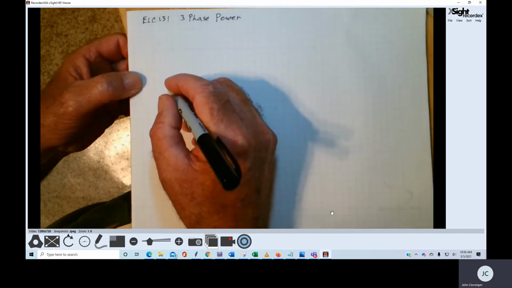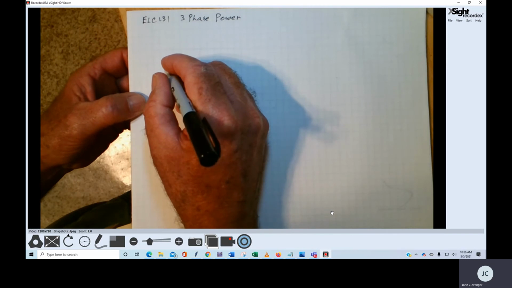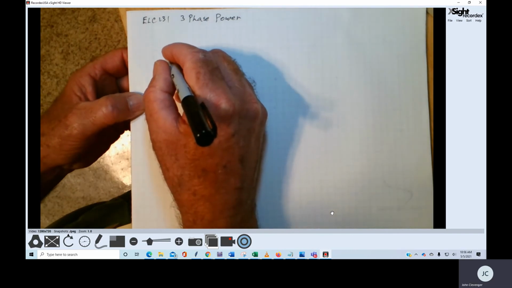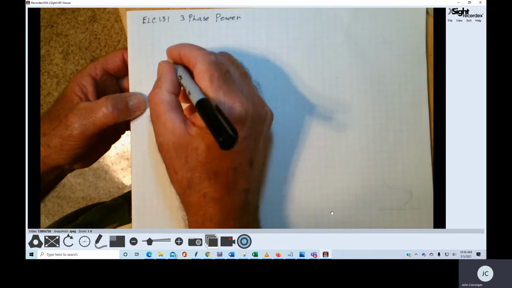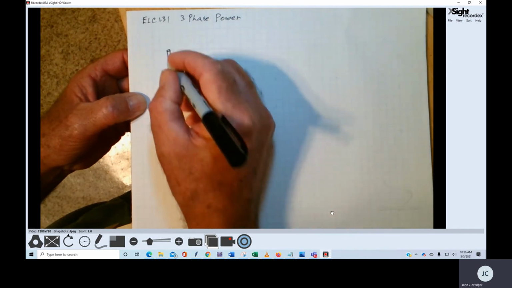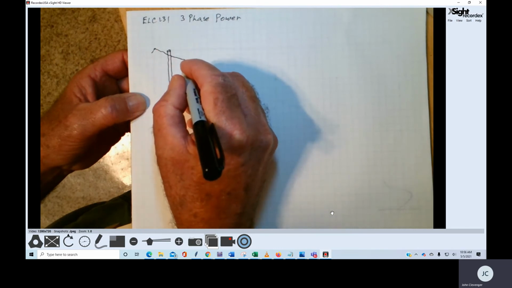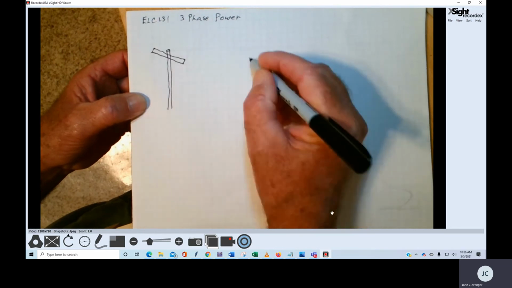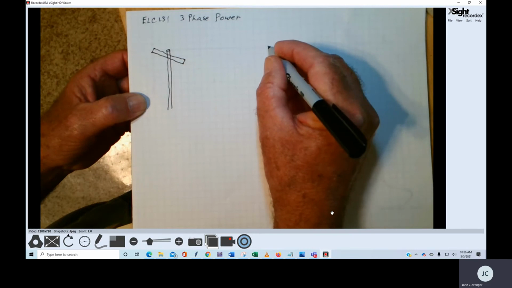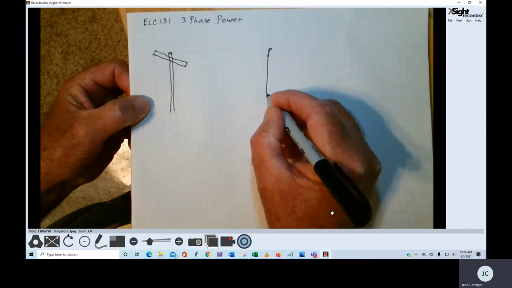Now, if you look up, you'll see a power pole. So I can draw a little power pole here, and at the top of this power pole, you see a spreader. And let's draw another little power pole over here. It's a happy little power pole.